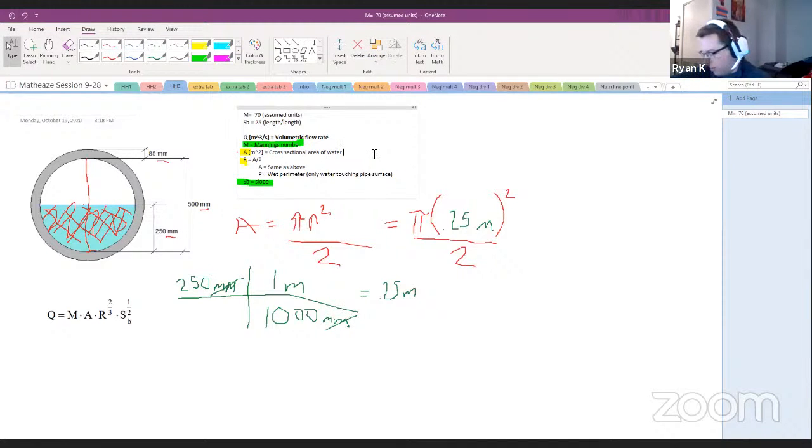If you solve that on your calculator, pi times 0.25 squared, divided by 2, I get a value of 0.098. So I'm just going to type that in. It's meters squared.